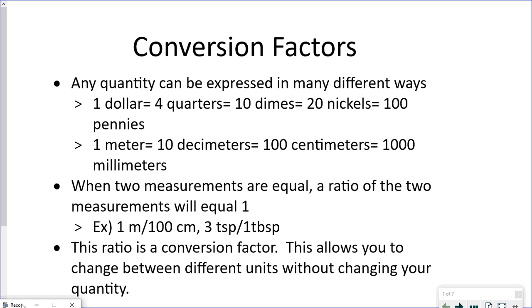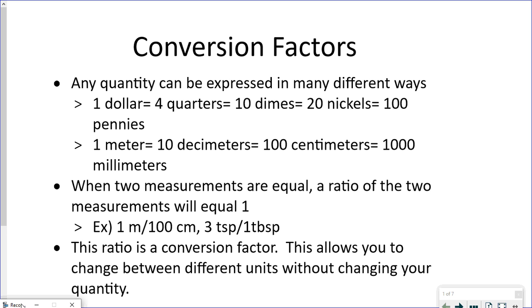So for example, if I say I have $1, I might have a $1 bill, or I might have 4 quarters, or 10 dimes, or 20 nickels, or 100 pennies. They're all equal to the same quantity, but just in different forms, and they have a different unit.